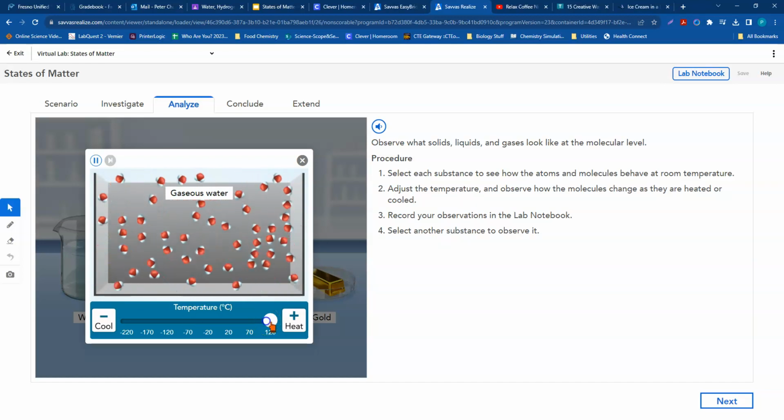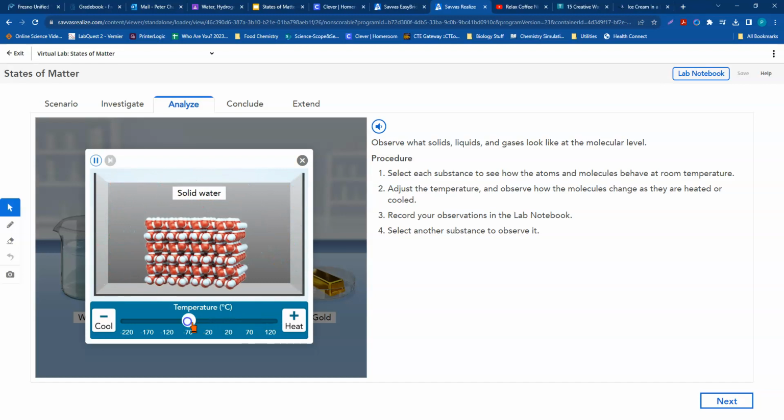What we're wanting to find is solid water. So let's start with solids. Solid water, otherwise known as ice, starts at negative 20 degrees, and it stays ice all the way down, so the range that we would want is negative 20 degrees all the way to negative 220 degrees for solid water, otherwise known as ice.